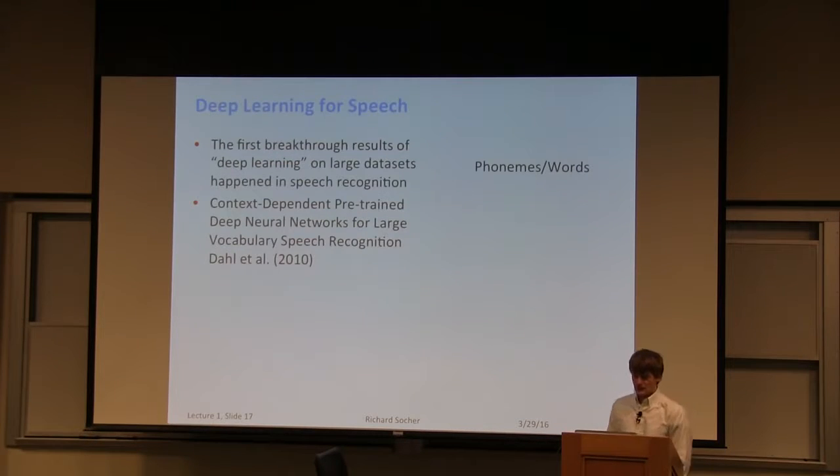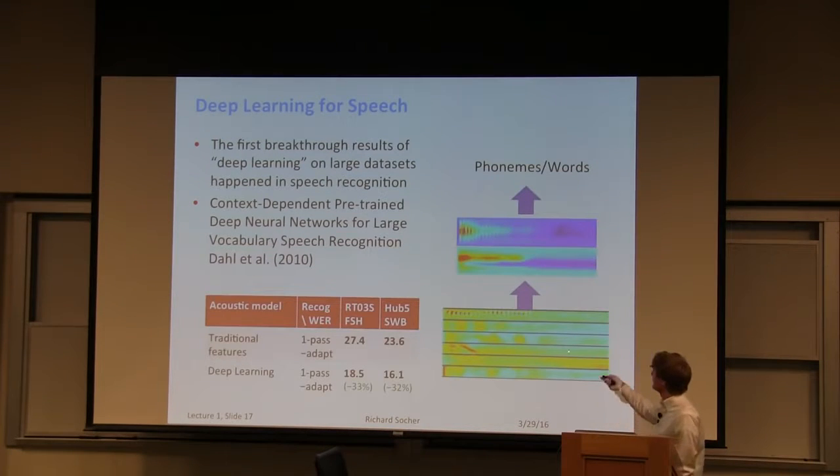So let me give you at least a one-slide-per-breakthrough kind of overview of how we got to where we are. It started out with deep learning for speech, where we all of a sudden had very large data sets, and were able to take in not quite just a raw frequency, but some very raw features of the sound, and then predict phonemes and words.